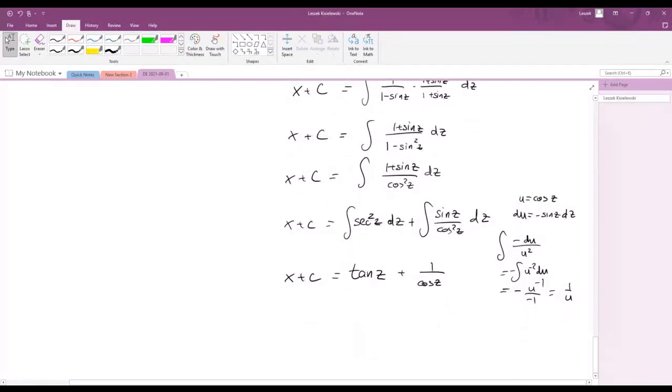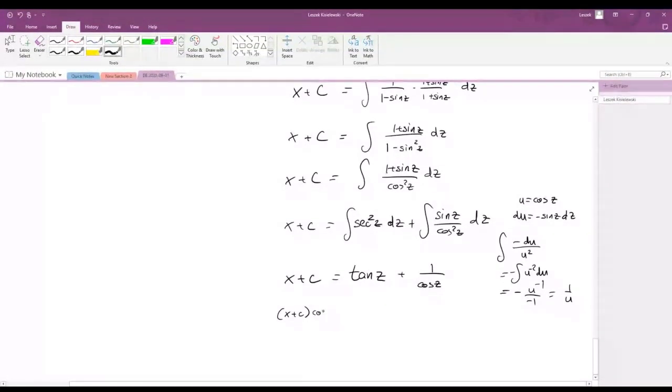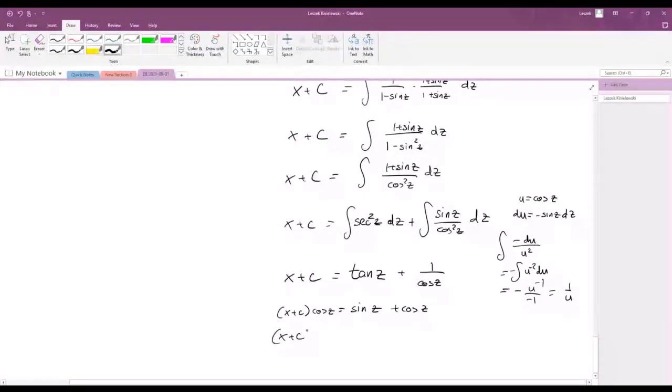Cool. And then maybe you can simplify, maybe not. But I think it would be very difficult to get an explicit solution for y. But let's not forget to back substitute.